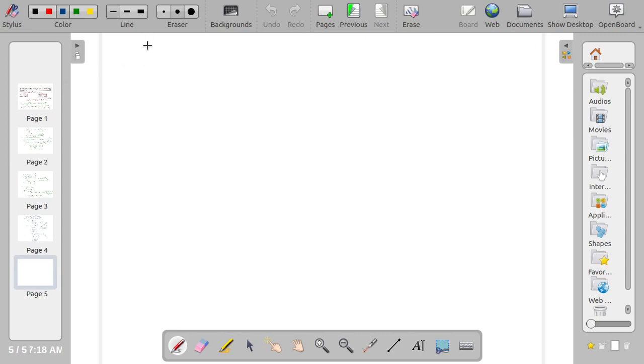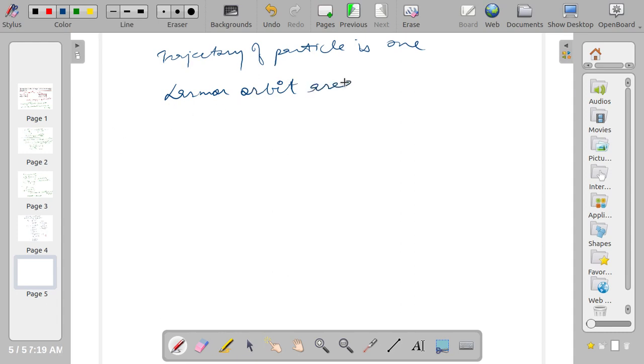So now let us look at the trajectory. Now if the trajectory of the particle is one Larmor orbit, area, then it can be written as minus E over C, curly B over curly T, its integral, and then pi r L square, because ds is equal to pi r L square.